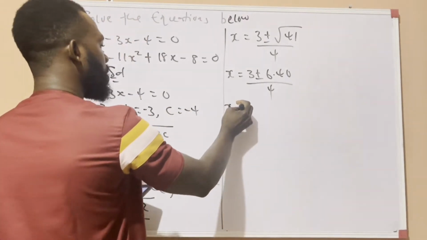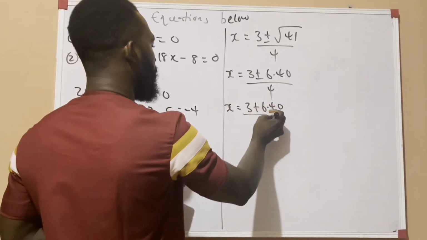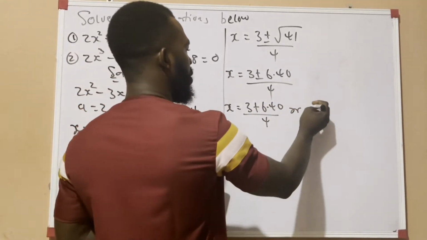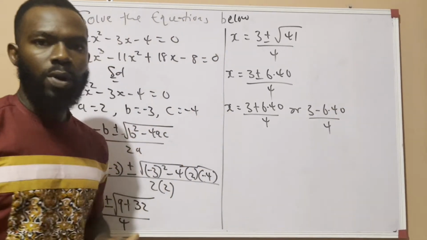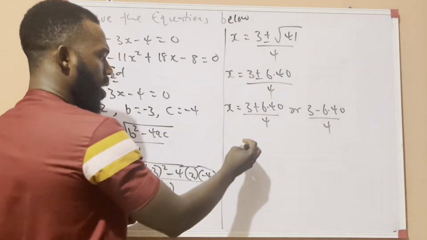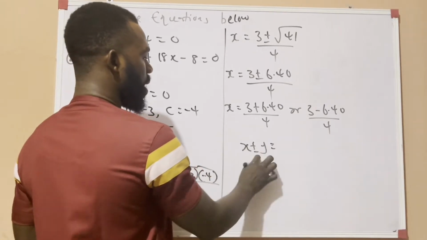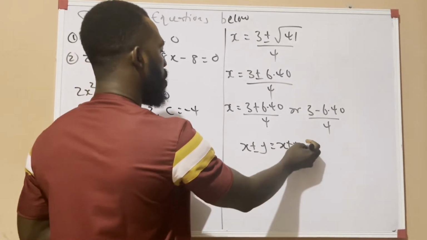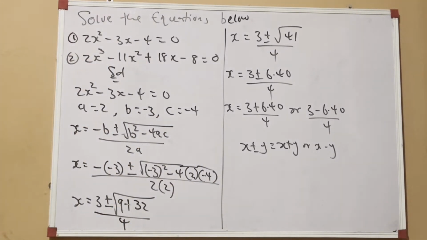Here becomes x is equal to 3 plus 6.40 over 4, or 3 minus 6.40 over 4. What I did here is simple. We have plus or minus sign. If you have x plus or minus y, it simply means x plus y or x minus y. So that was what I did there.